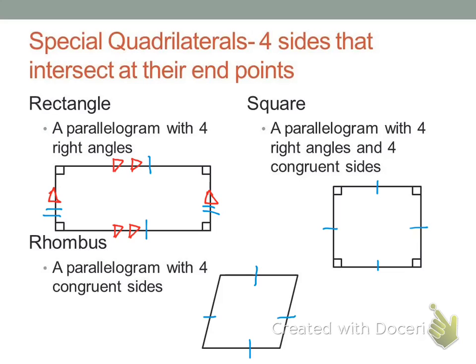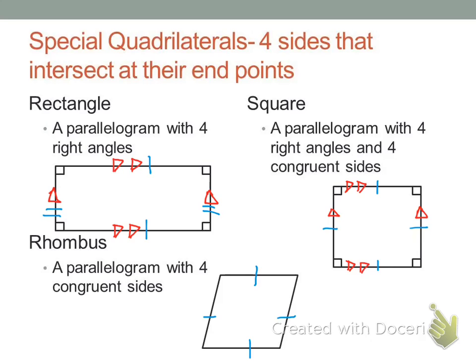Alright, that's important in the example that we're about to do. And again, they have 2 pairs of parallel sides as well. So I can mark my parallel sides using my arrows, and then 1 arrow on the sides to show that those 2 lines are parallel.